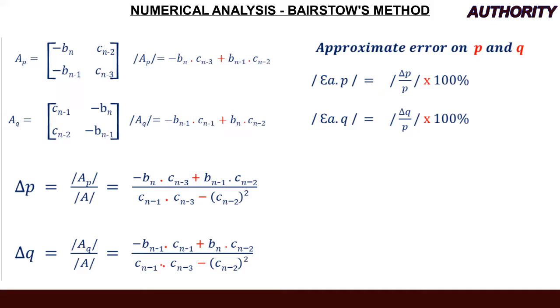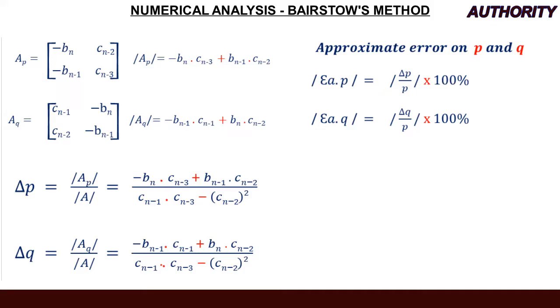So we say that the estimated coefficients P and Q, when you reach this tolerance, when you reach this level where your approximate error on P and Q is very, very small, your P and Q will be used to find the roots of the quadratic polynomial that you extracted.